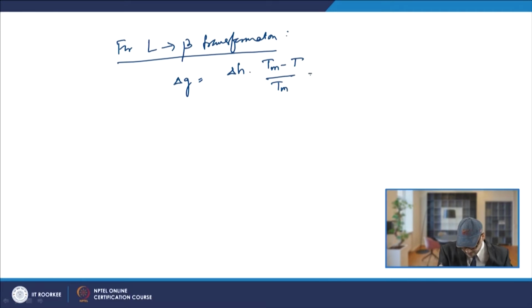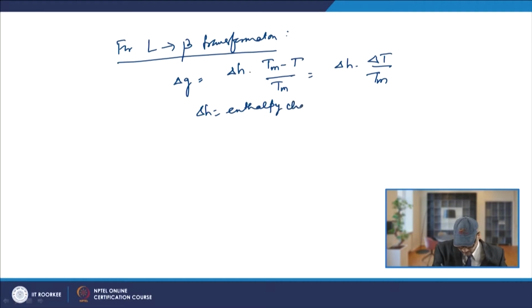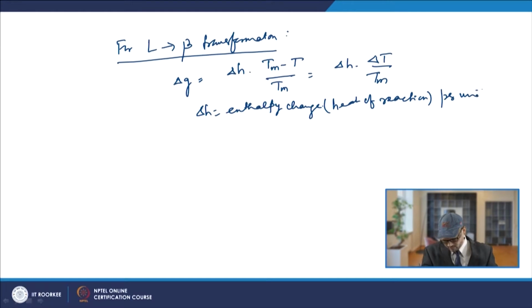So, basically it will be delta H into delta T upon Tm. Here delta H is the enthalpy change, or we also know it as the heat of reaction per unit volume of the product.